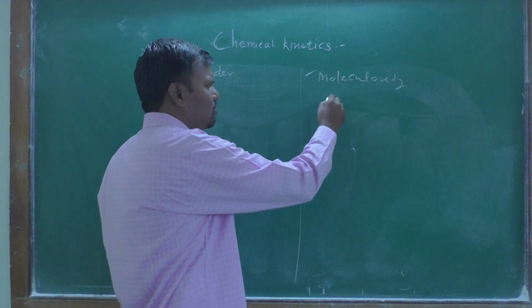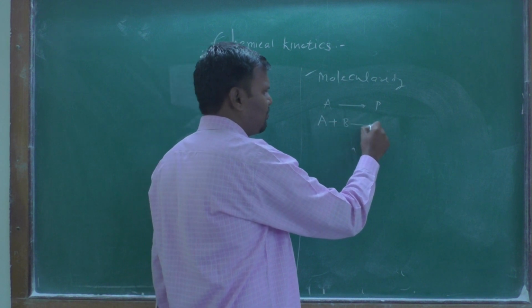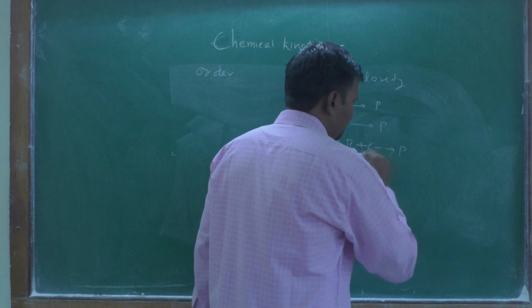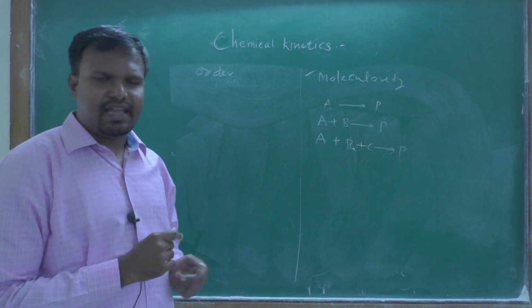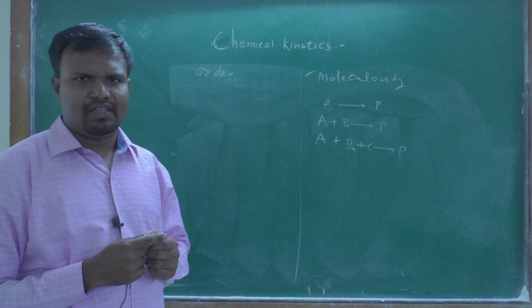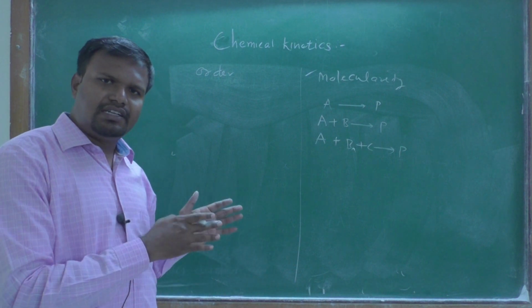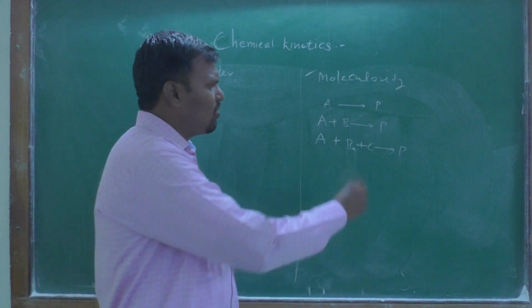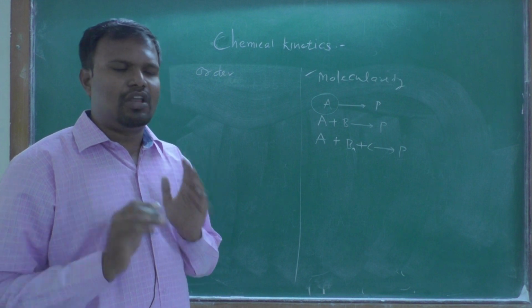Suppose A gives the product B, A plus B gives the product, and A plus B plus C gives the product P. Molecularity is defined as, in an elementary reaction, the number of reactants on the reactant side. The number of reactants on the reactant side is nothing but the molecularity.